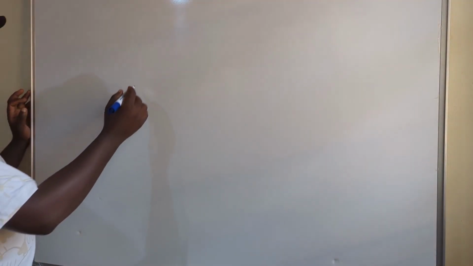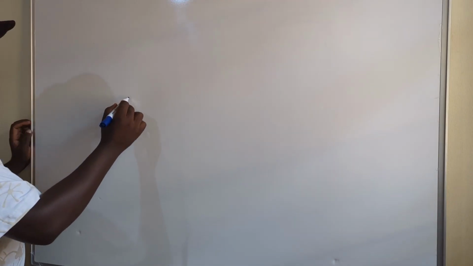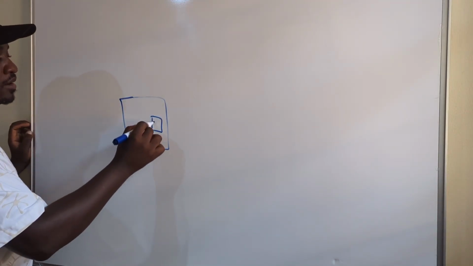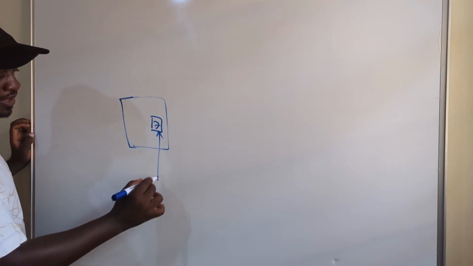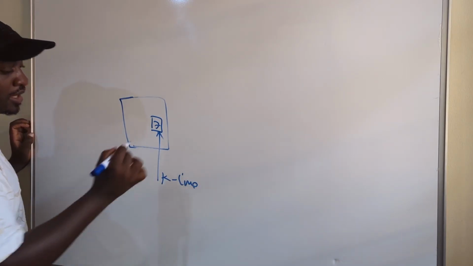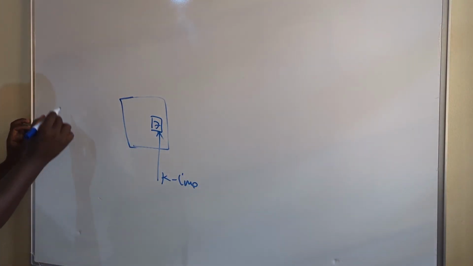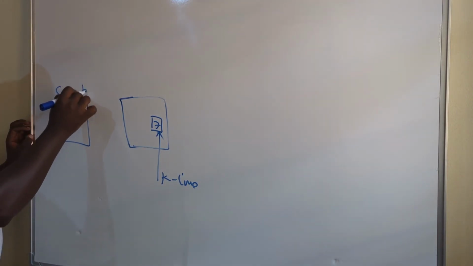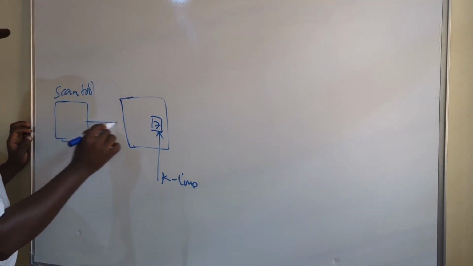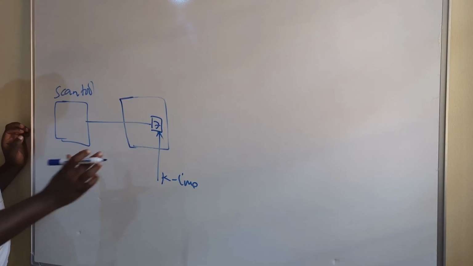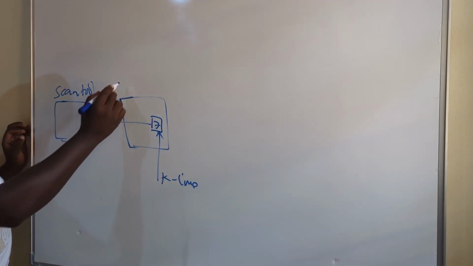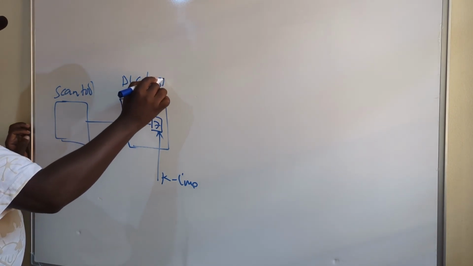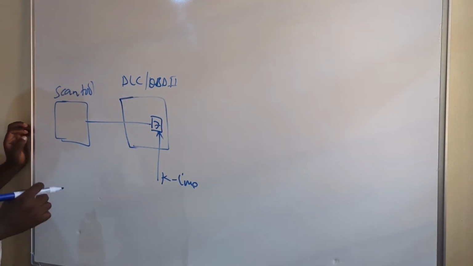So if we have our DLC, I will focus mainly on pin number 7, and that pin is for the K line. Now if we have our scan tool here and we attempt to communicate after we've connected our scan tool with the DLC, this is the same as the OBD2 port.